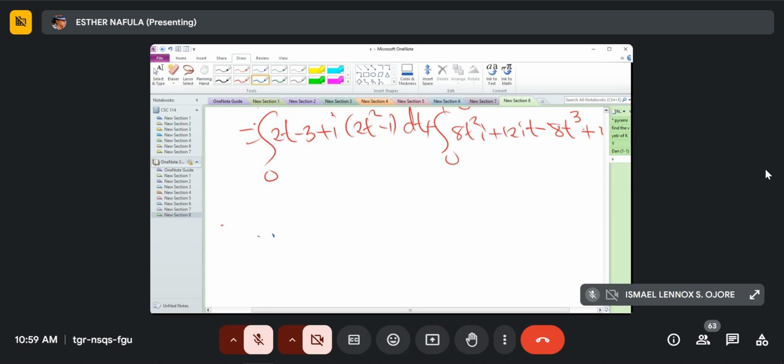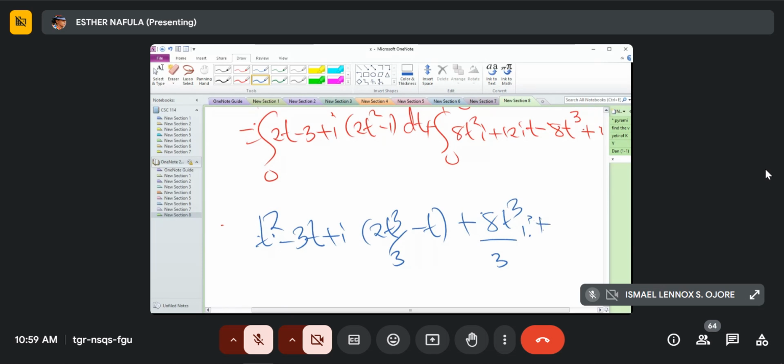Integrate 2t, you get 2t squared over 2, t squared plus 3t plus i into 2t cubed over 3 minus t plus 8t cubed over 3 times i plus 12t squared over 2 times i minus 8t to the power 4 over 4 plus 4t squared over 2.